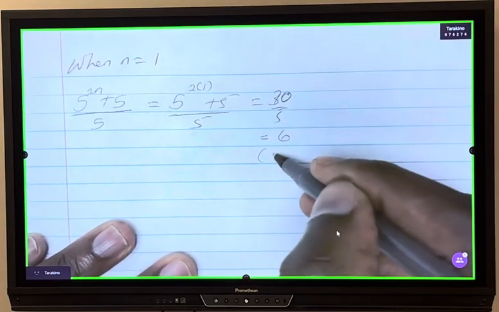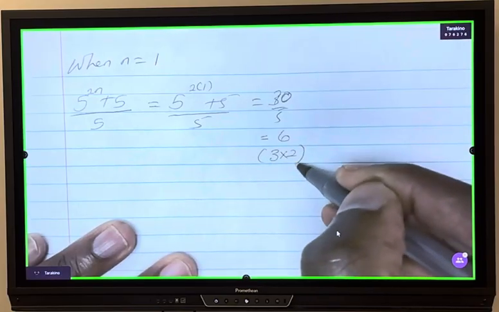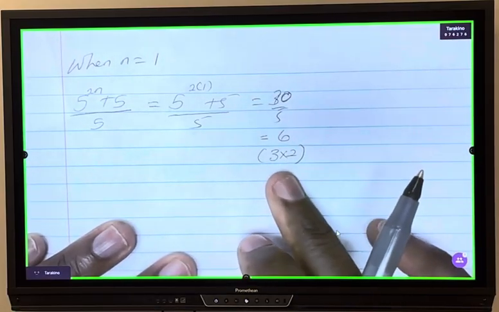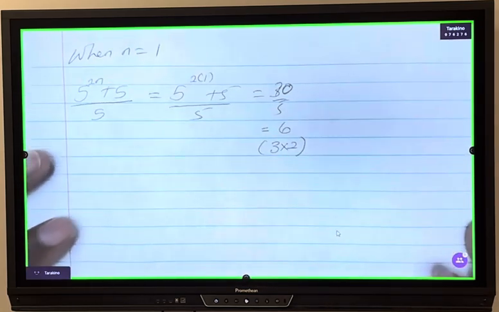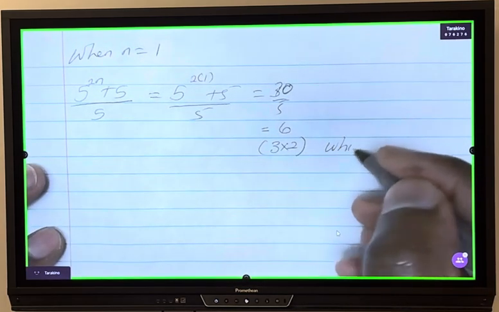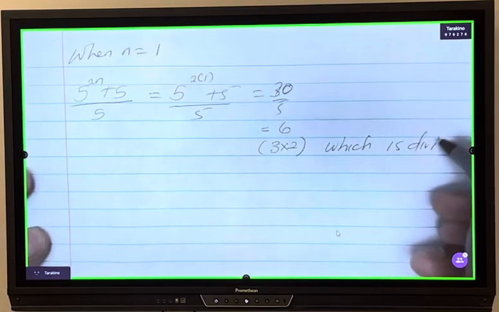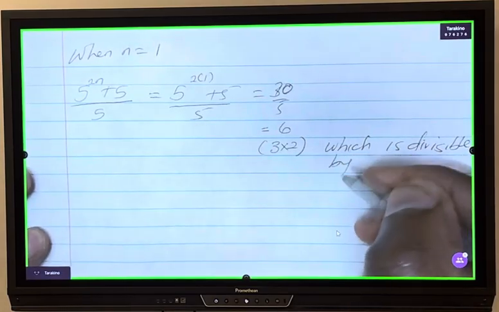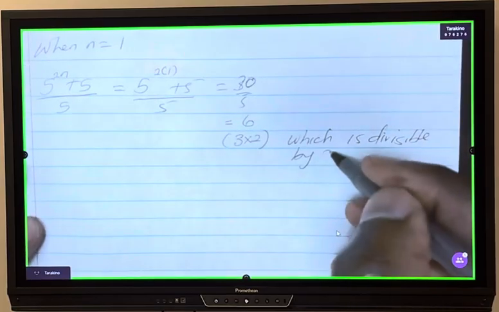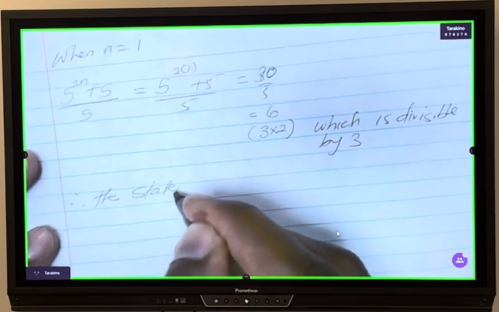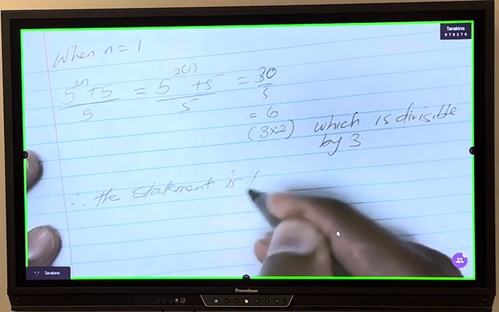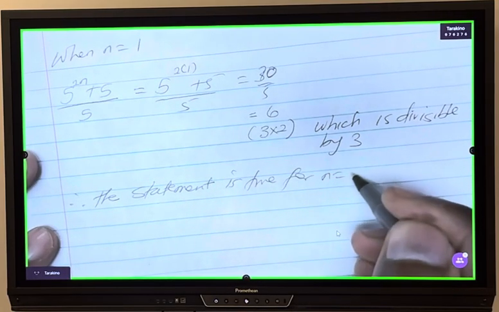And in this case, 6 is 3 times 2. Remember, we are trying to show that it is divisible by 3. So 6 in this case is also a multiple of 3. So it's true, which is divisible by 3. Therefore, the statement is true for n equal to 1.